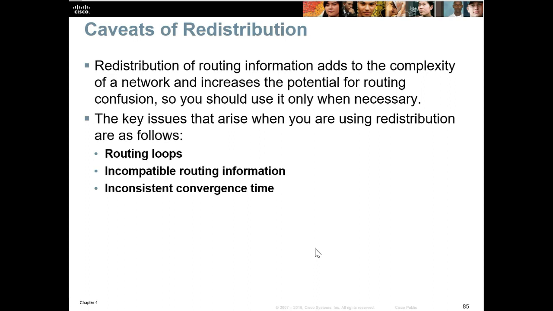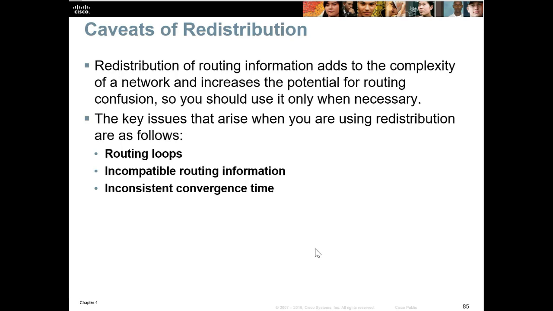Okay, and you may come across incompatible routing information. So kita kena identify lah, contohnya we want to redistribute, we need to have a seed metric. Okay, yang lain juga, there may be a possibility of inconsistent convergence time. So you have to set some condition and then do some set action lah.